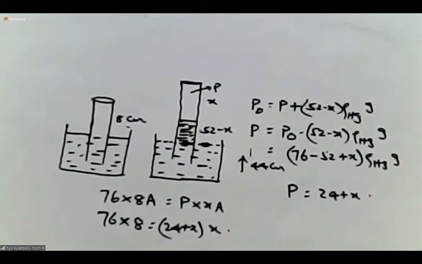Yes, sir. Now rearrange, you will get the pressure. But do remember, wherever atmosphere is there, you write 76 into rho mercury into g. Understand? Still any doubts? Raise it, but understand thoroughly.